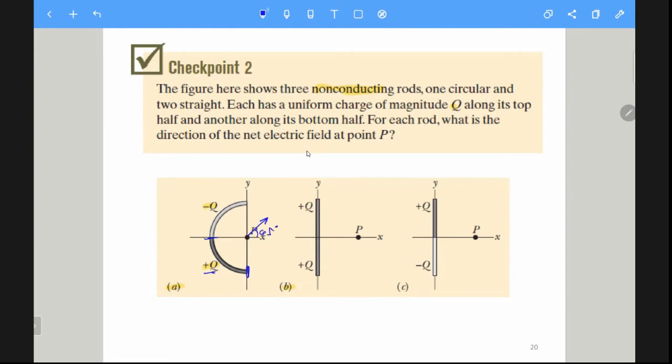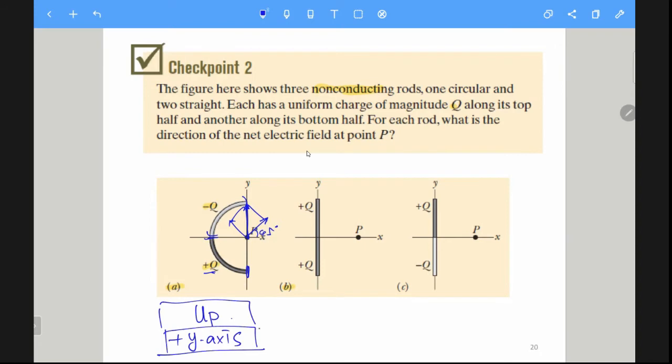For the negative Q, it should point to the top left. The x components cancel each other, so finally the E field should point along the positive y-axis.